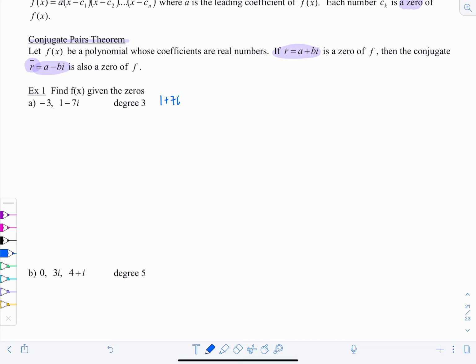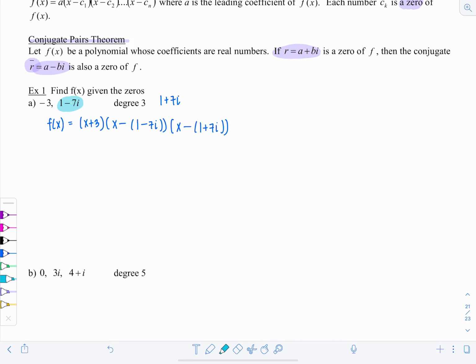So now I can write f of x in factored form. Think back: once we knew -3 was a zero, that was because x plus 3 was a factor, right? And then similarly, x minus, don't forget parentheses, 1 minus 7i has to be a factor, and x minus 1 plus 7i must also be a factor, since those are each the zeros.